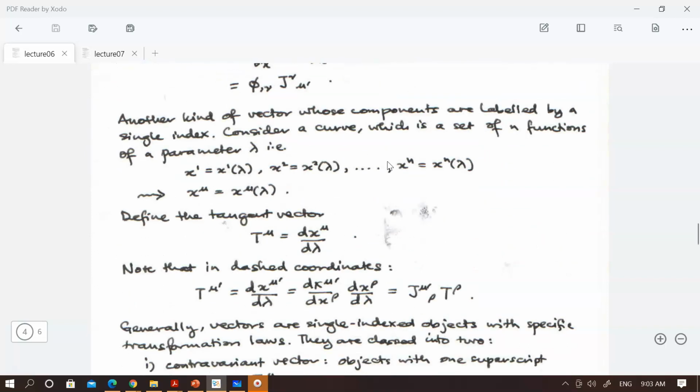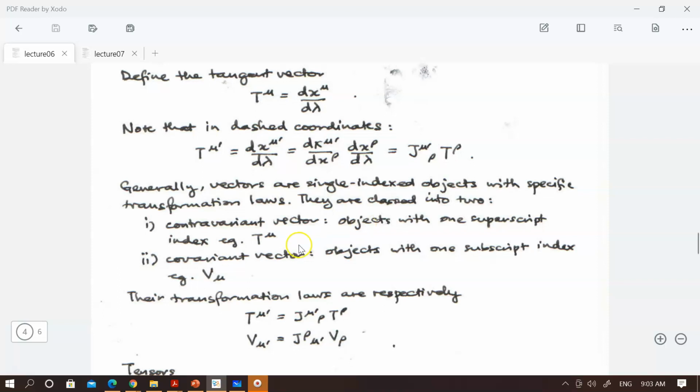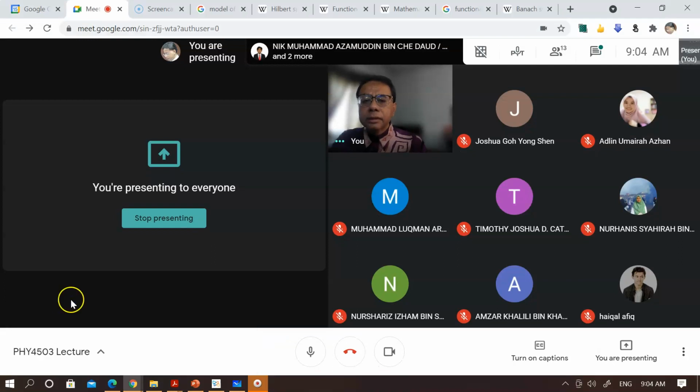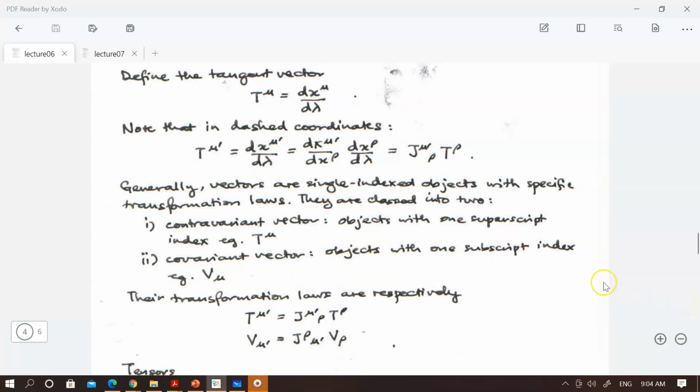Another kind of vector is the contravariant vector, and a very nice example is the tangent vector. They both have one index, but the contravariant vector is the one with the upper index and the covariant with the lower index, and they behave differently under the change of coordinates.